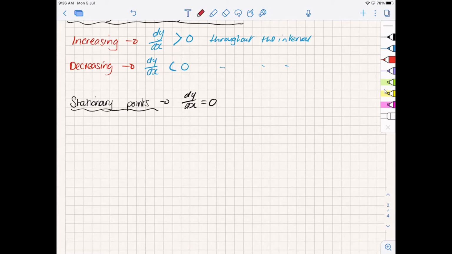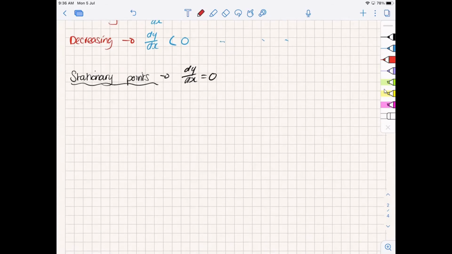This gave us two very important things. The first thing it gave us were turning points, and you were describing one of these turning points. This was, say, a maximum turning point. What does a maximum turning point look like?